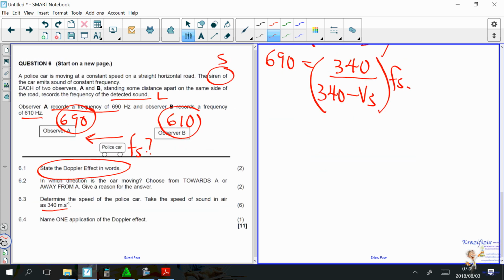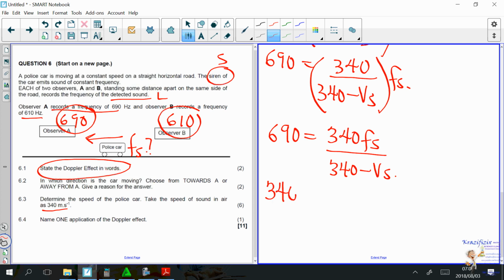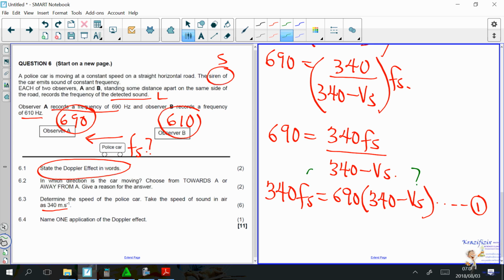I want to do the maths very slowly here. 690 therefore is 340 FS over 340 minus VS. Let's cross multiply. 340 FS is equal to 690 times (340 minus VS). Guys, we have two unknowns, so automatically we create equation 1. When you see two unknowns in mathematics, you need two equations to solve.